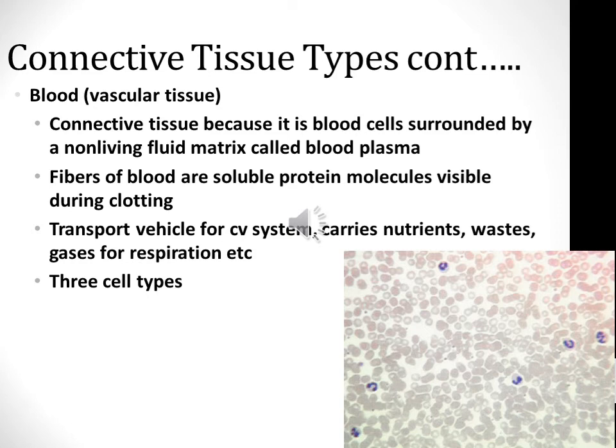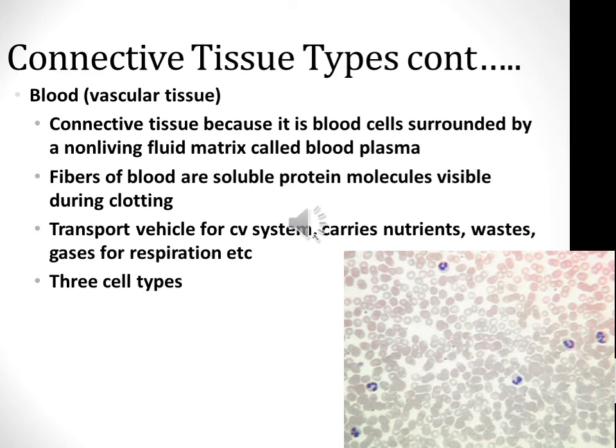There are 3 types of cells. There are erythrocytes, which are your red blood cells. You'll get to study this, not with me, but in 202. So we have erythrocytes, red blood cells, and then you have leukocytes, which are white blood cells, including lymphocytes and neutrophils.